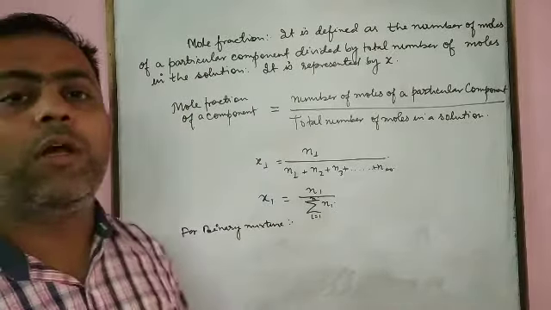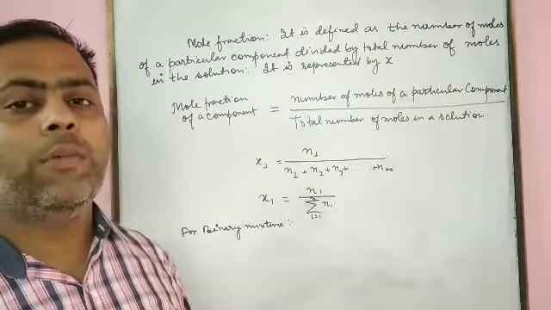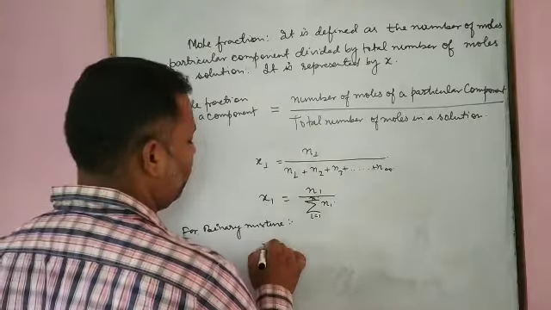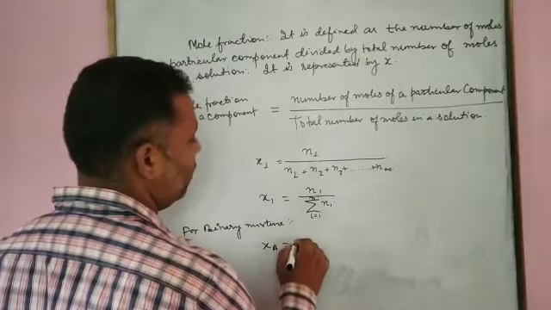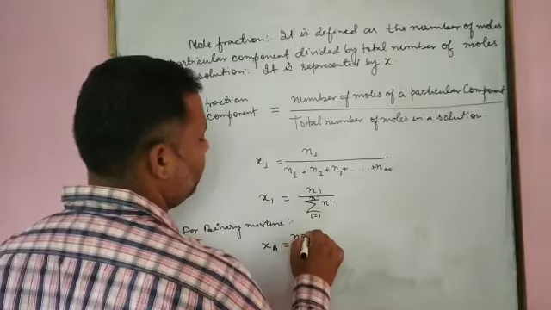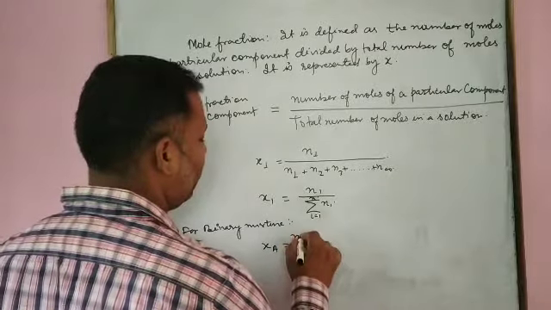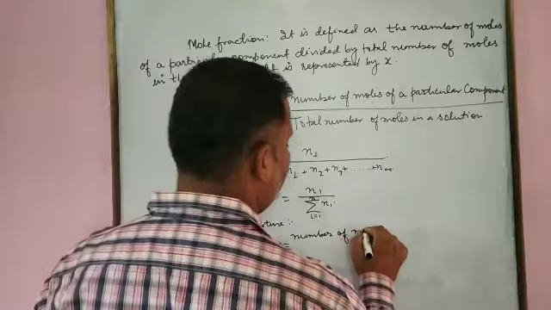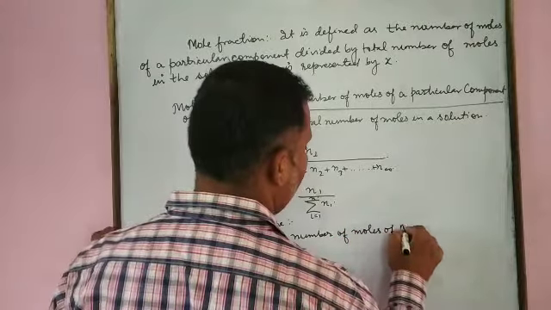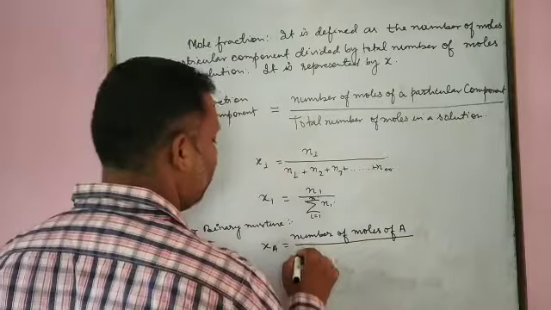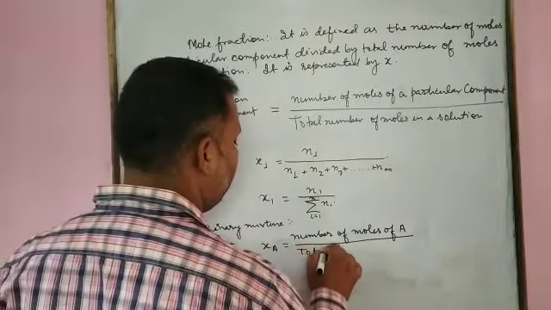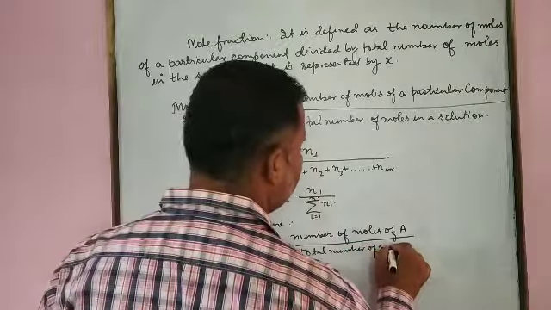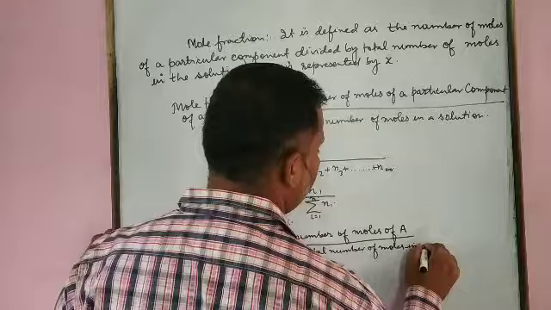Let us suppose one component to be A and the other component to be B. In that case, for binary mixtures, the mole fraction XA is the number of moles of A divided by the total number of moles in solution.